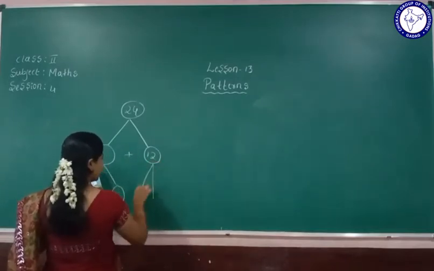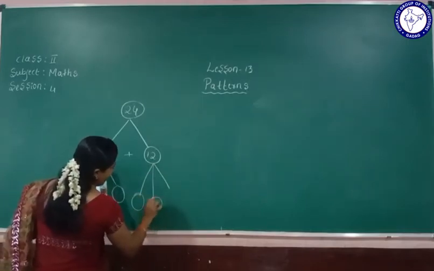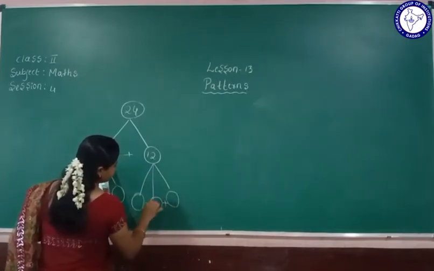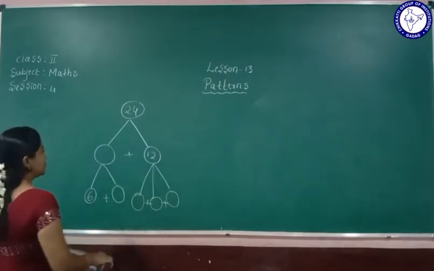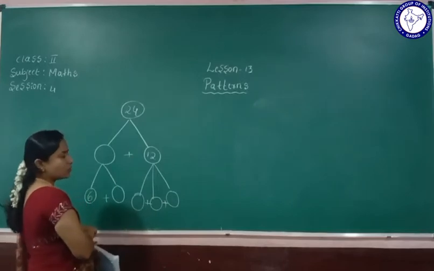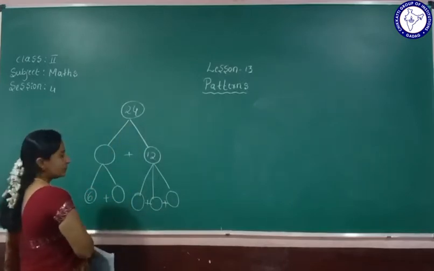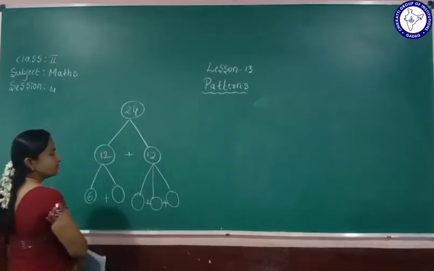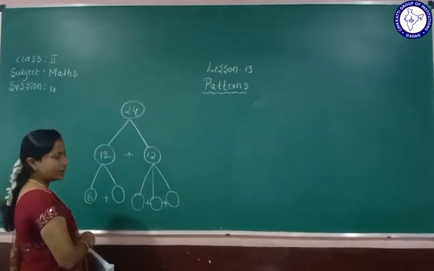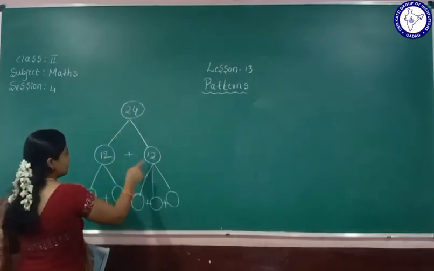Here this 12 is split in 3 ways: 1, 2, 3. Yes, so here 24 is given, here 12 is given. So how much do we add to 12 to get the answer 24? 12. Yes, we get the answer 12 only. 12 plus 12 is 24. So 24 is split in 12 plus 12.